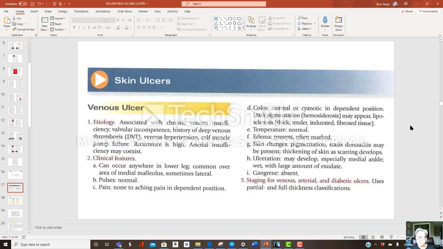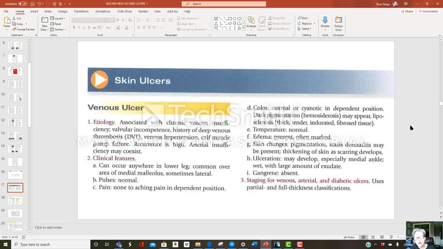Color, normal or cyanotic in dependent positioning. Dark pigmentation may appear. Lipodermatosclerosis, thick, tender fibrosis tissue. Indurated fibrosis tissue. Temperature is normal.